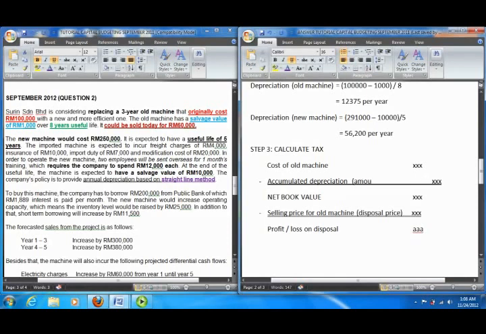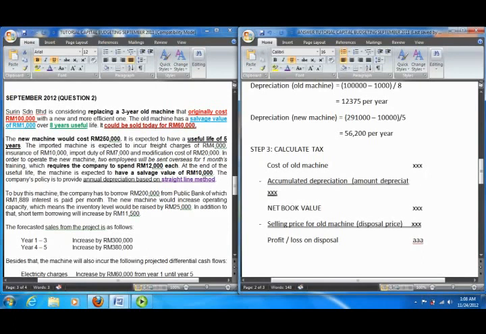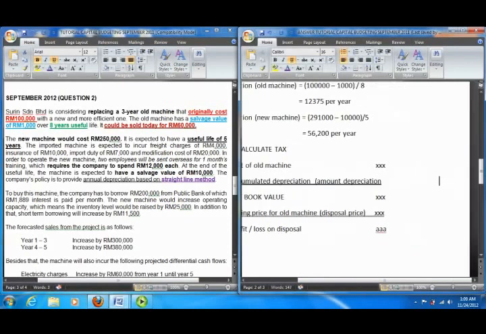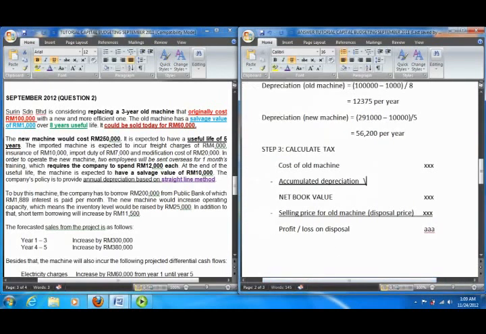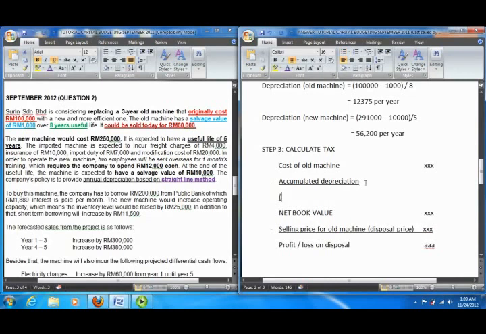Just to show you the formula, class: your depreciation per year times how long the old machine has been with your company.